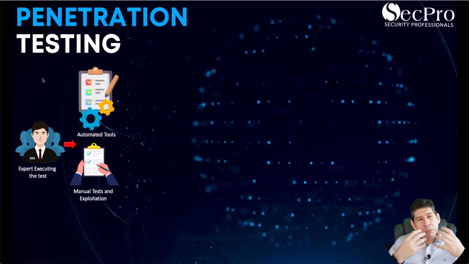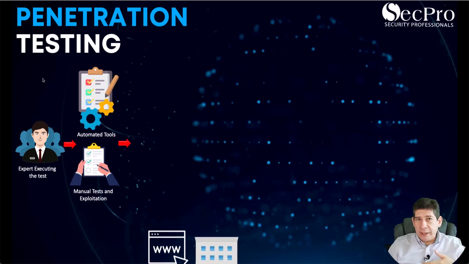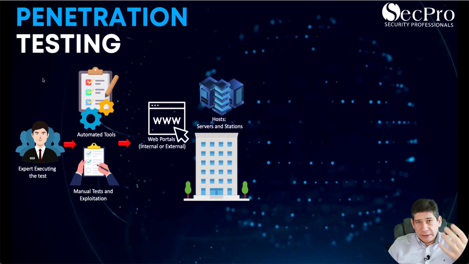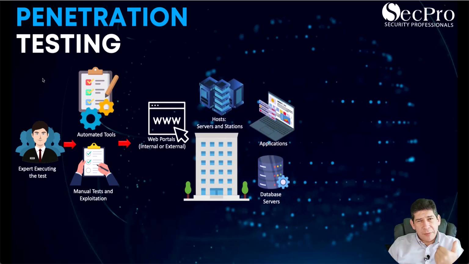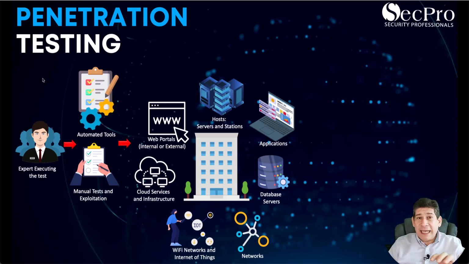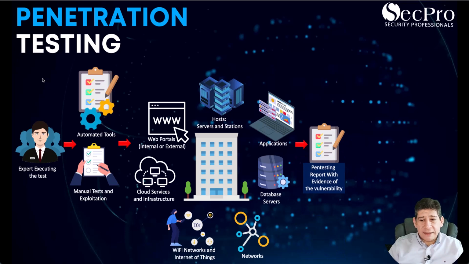Exploits are software tools that allow an expert or a malicious actor to compromise an infrastructure if it is vulnerable, a server, a station, etc. The test can involve web portals, servers, workstations, your applications, as we mentioned in the vulnerability assessment, database servers, networks, wireless networks, IoT devices, your cloud services, etc. Everything that we can have in a vulnerability assessment, but in this case, we are going to do manual tests, right? We try to exploit these kinds of devices in a manual way.